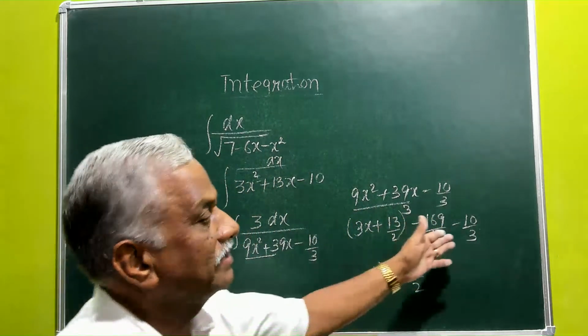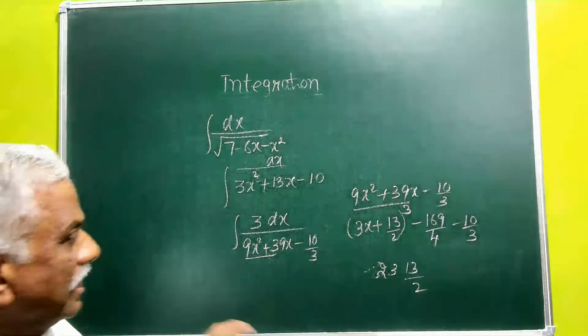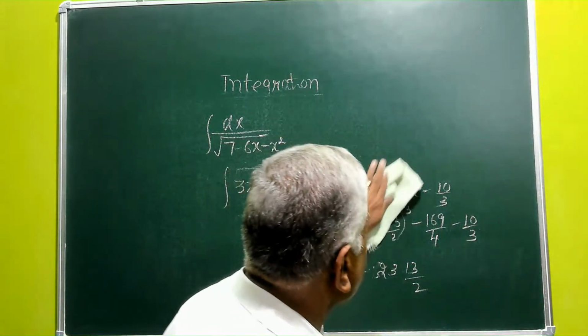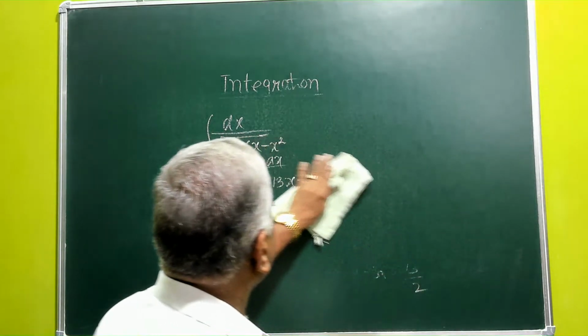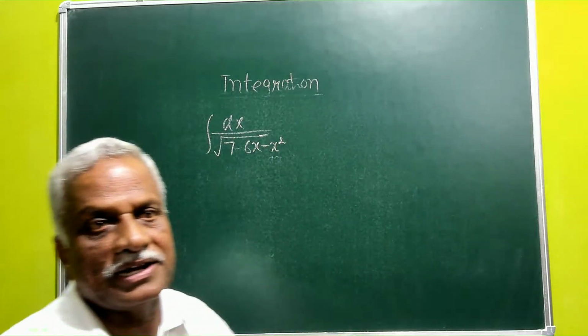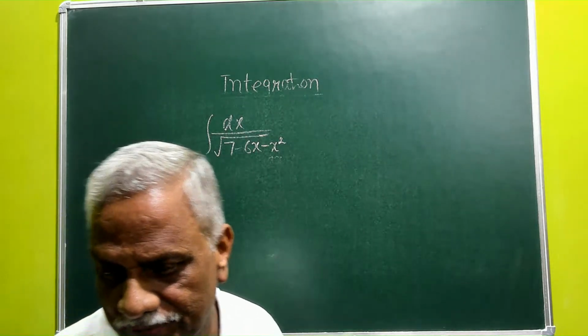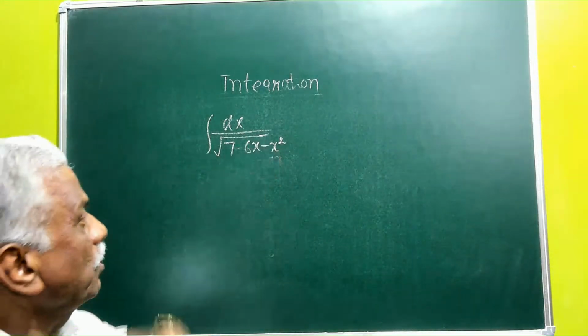And you have got 10 by 3. You have to simplify this. It takes a lot of time, but let us not waste our time here. Such problems will not be given. In case it is given, the best thing is you can differentiate the answers and work. It will not take more time. Okay, let's complete this problem.